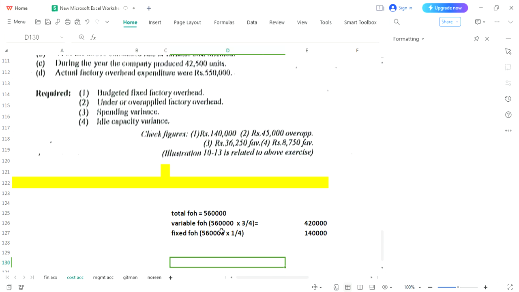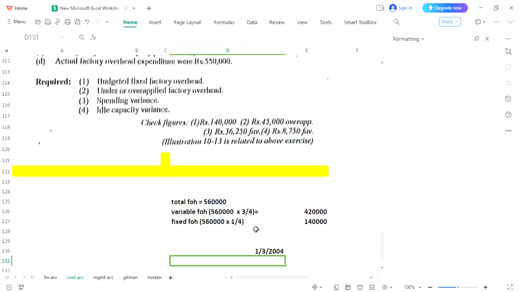How this 1 by 4 has arrived is, total would always be equal to 1 and you need to know how much is left. 3 by 4 was decided by the book, so you will subtract 1 minus 3 by 4, with which you can get your amount.